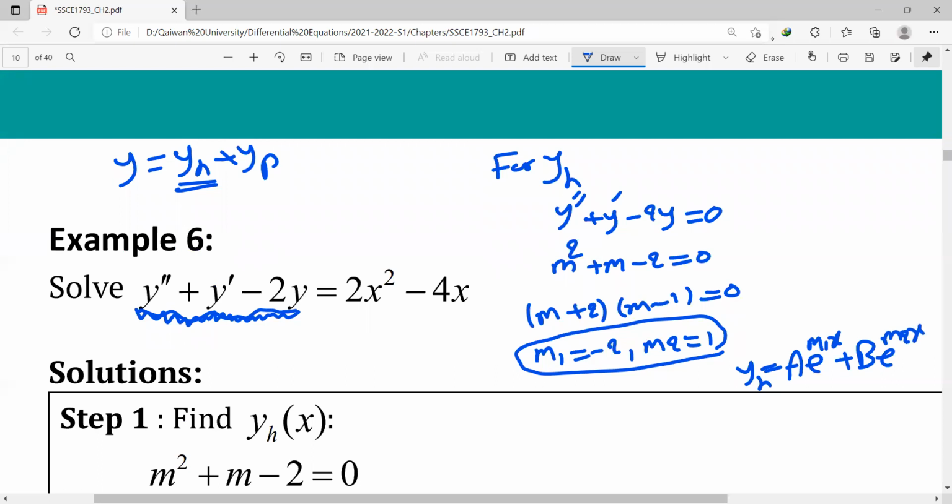So yh equals a e to the power minus 2x plus b e to the power x. This is the homogeneous solution, and now we try to find the particular solution.